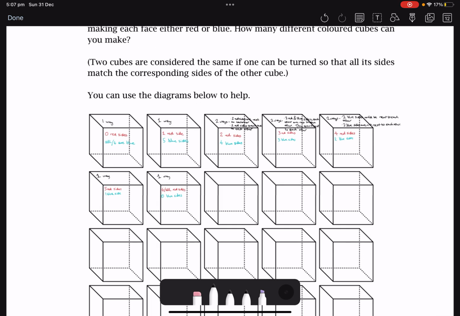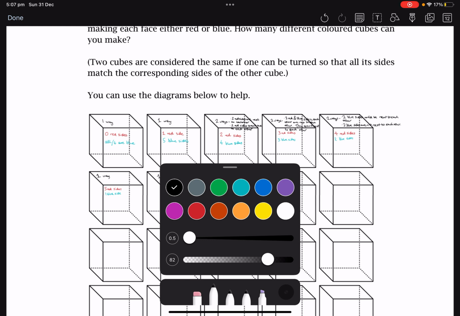So, in the end, what colour should I have? Let's have a nice pink.